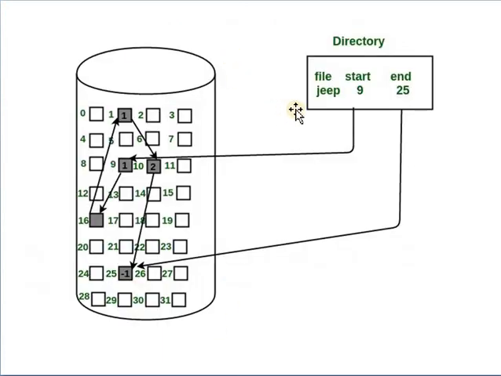The starting address of the zip file is 9 and the ending address is 25. So from the starting block 9, the file is allocated in scattered blocks.